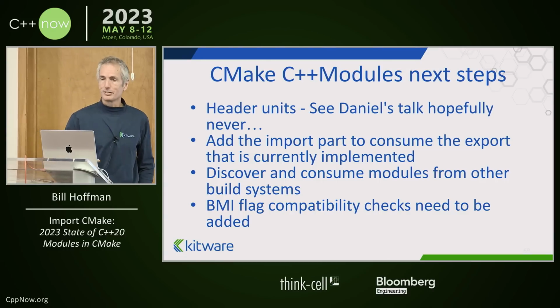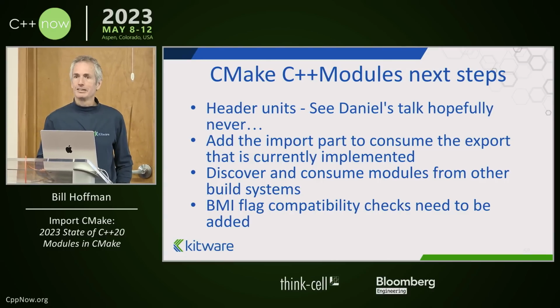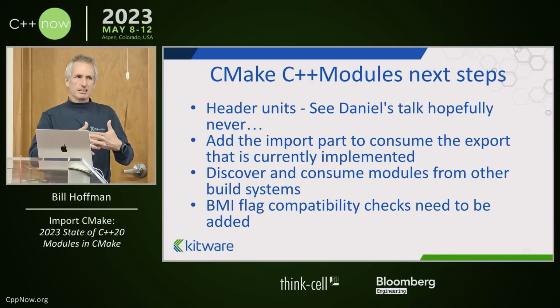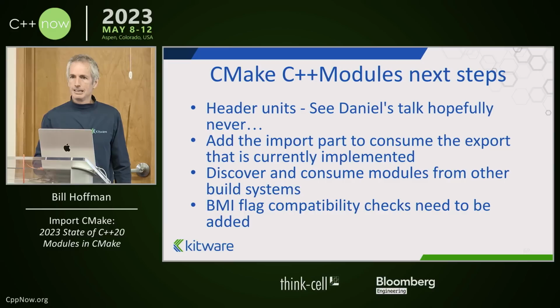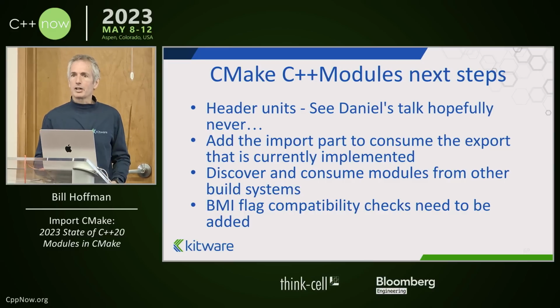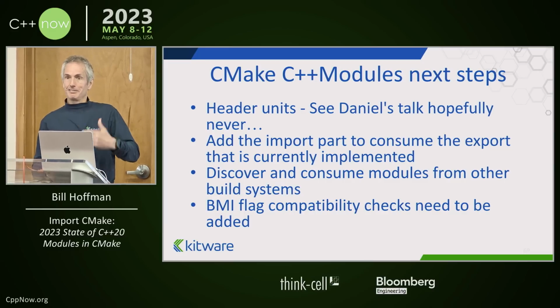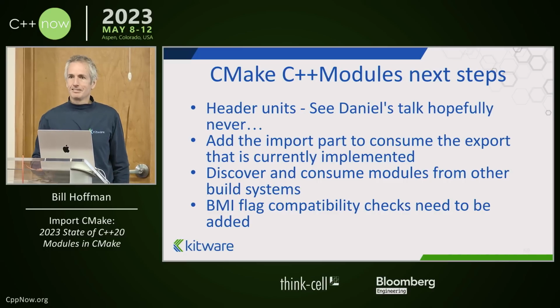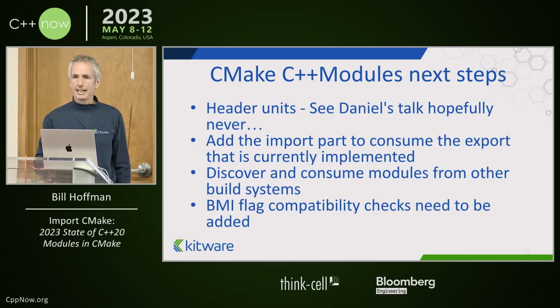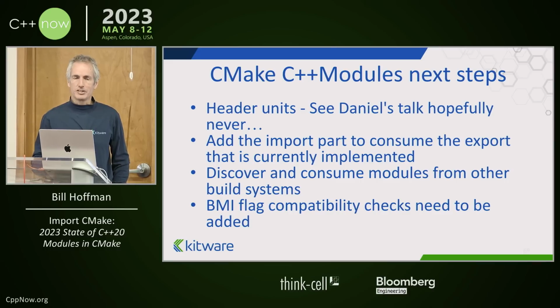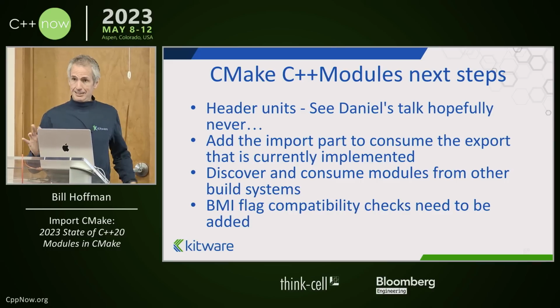That might work well for finding external ones. It probably wouldn't work well inside the same build tree, where you wouldn't want to be testing that all the time. But I could probably today write some sort of try-compile thing that looked at a module, tried to pass it into the compiler, and if it said that BMI is bad, great, I'll fall back to generating my own. I could see that working in some cases without having to do hashes on the compile line.